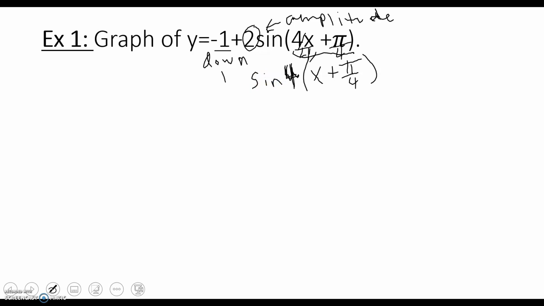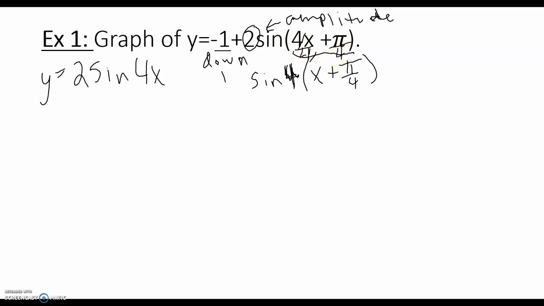So the first thing we want to do is actually graph y equals 2, because that's our a, sine of bx, and our b is 4 because that's the number that's being multiplied outside of the parentheses, okay? So if there's something else in here with the x that's being added or subtracted, then you have to first factor out the number that's in front of the x, because it has to be whatever the number is, b, times everything in here, okay?